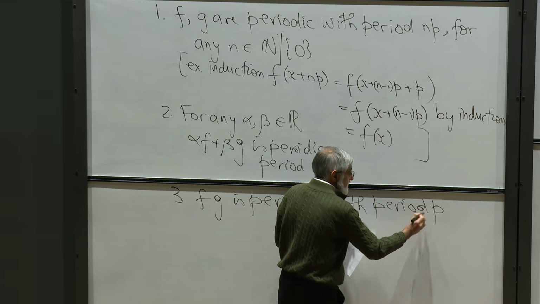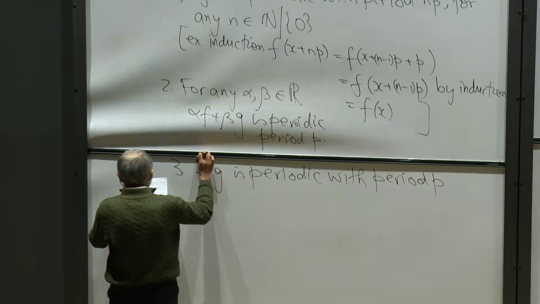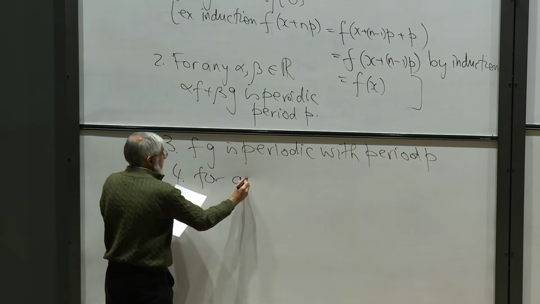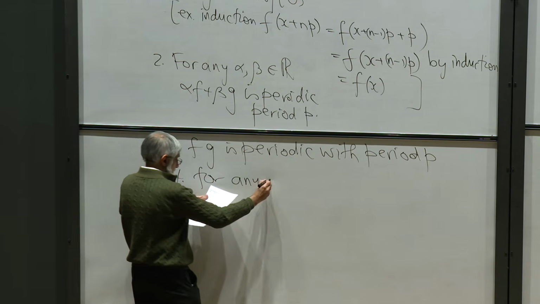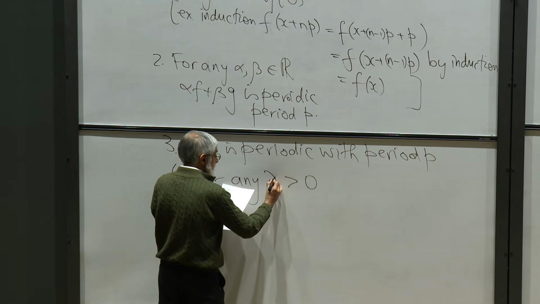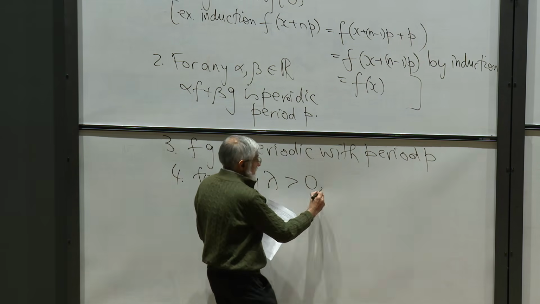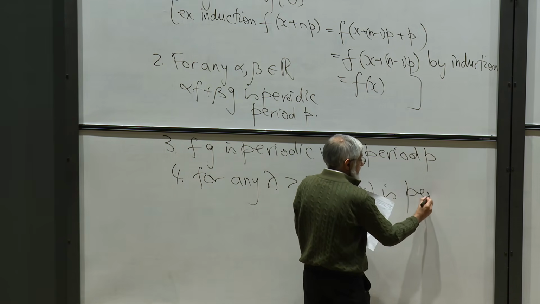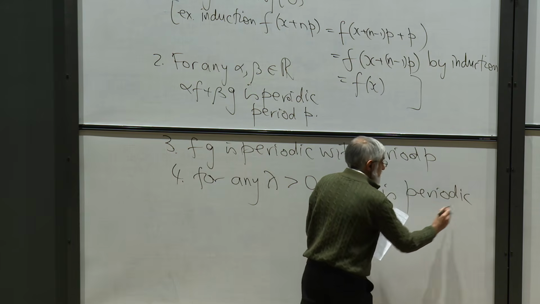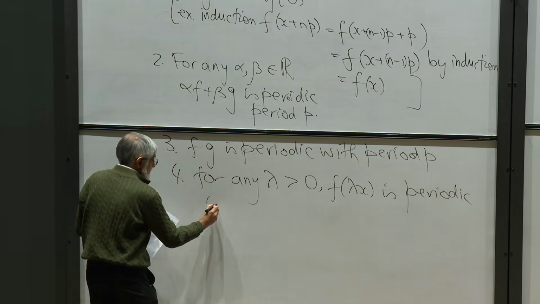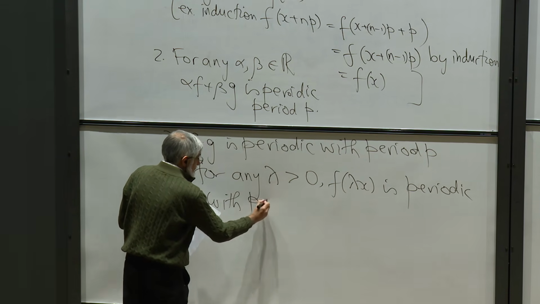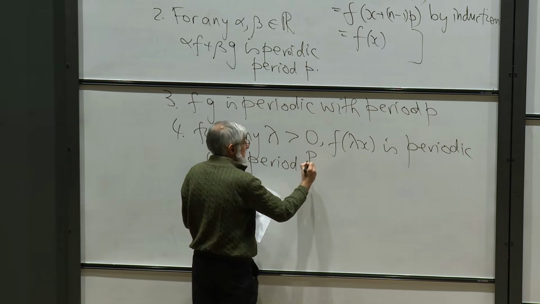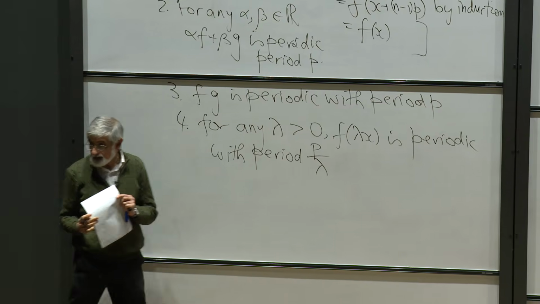Leave you to prove that. For any lambda greater than 0, f of lambda x is periodic with period p over lambda. Leave you to prove that.